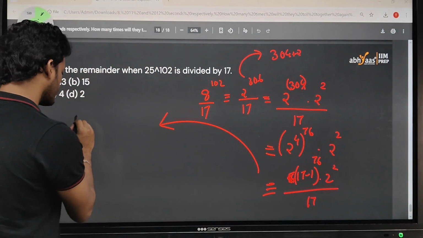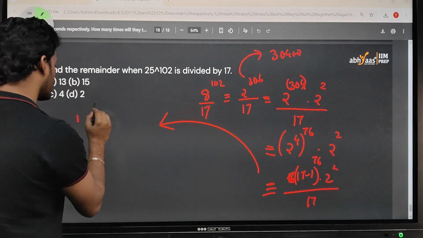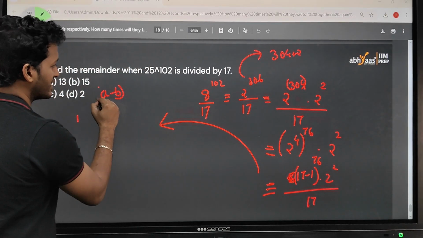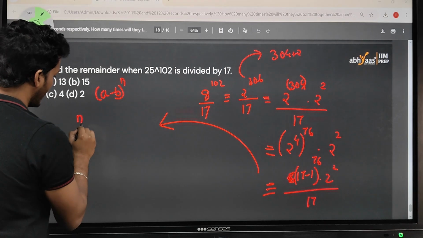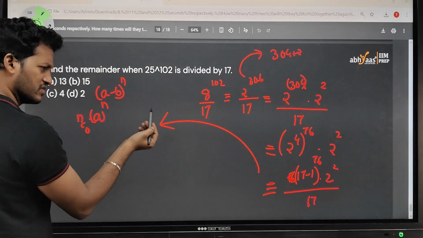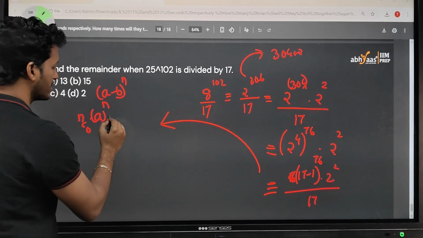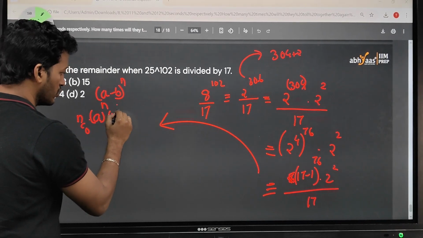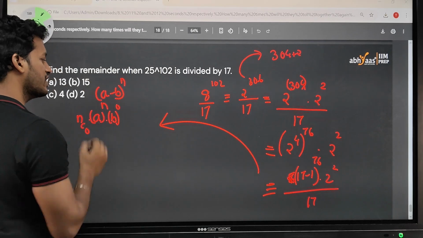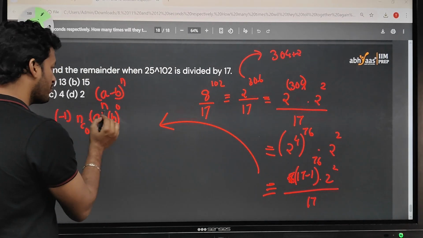So (a minus b) whole power n can be easily expressed as nc naught into a power n, the same thing as (a plus b) power n, but here the thing changes: b power 0, but what is the coefficient of b here? It's minus 1. That means the minus 1 will get the power of b.